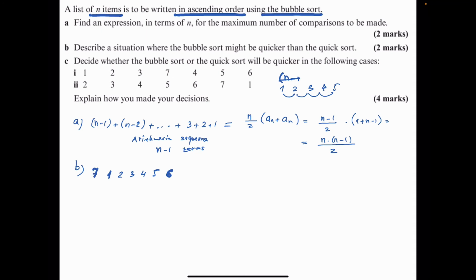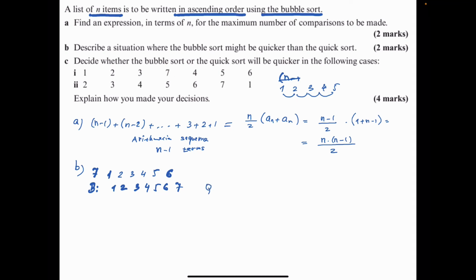If you do the bubble sort, you would only need to do one pass, because in every single swap 7 would move, and at the end of the first pass, you would have 7 at the end, and the rest of the list is in order already.